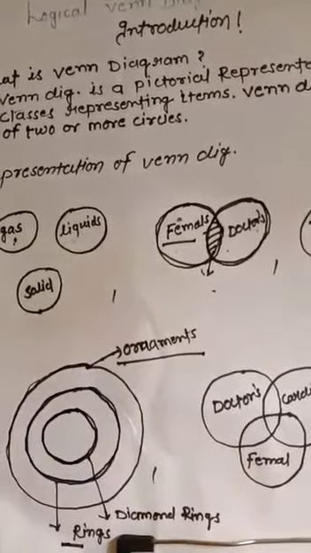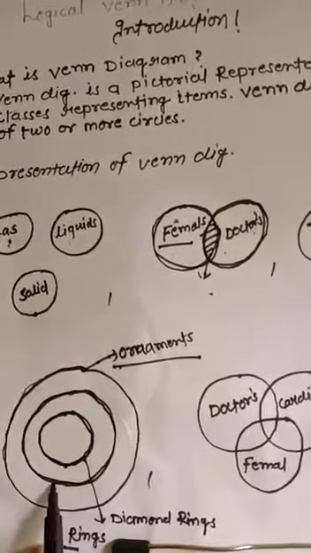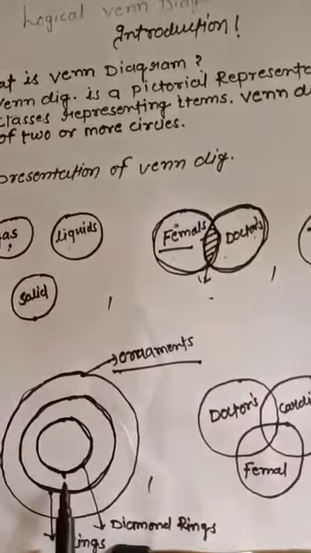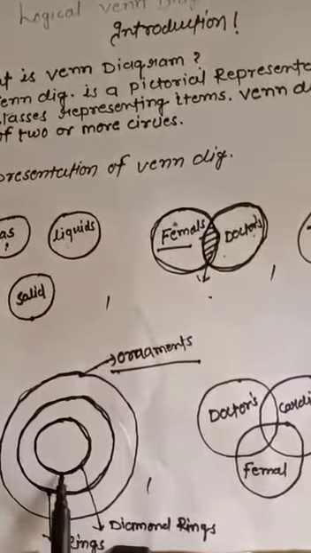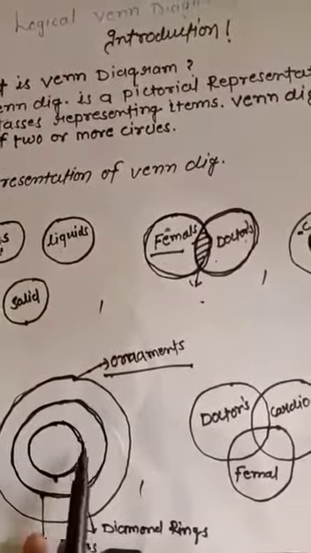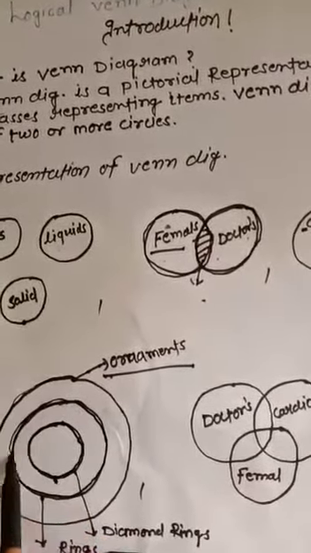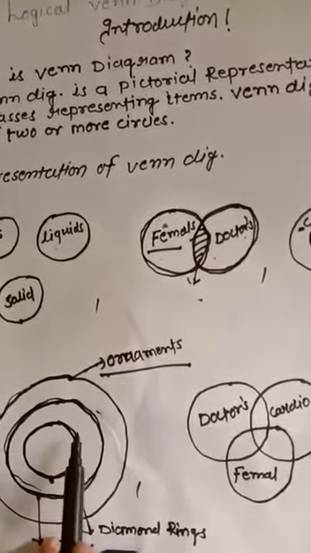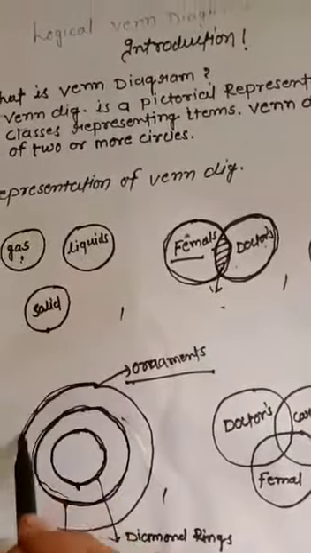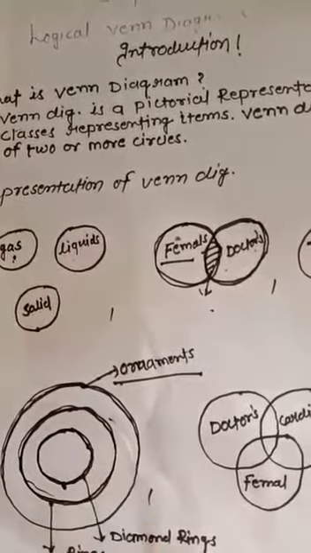That means we can say that all the diamond rings are rings. Definitely, the specialty of a diamond ring is that it is made of diamonds, but it is a ring also. So all the diamond rings are basically rings, and all the rings are ornaments. That's why they come inside the circle, and the bigger circle is for ornaments.